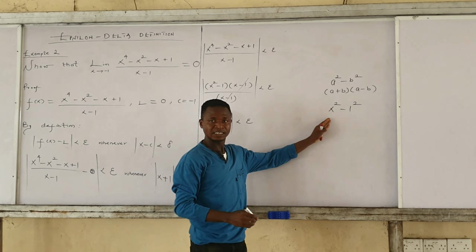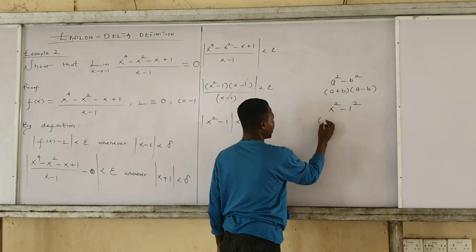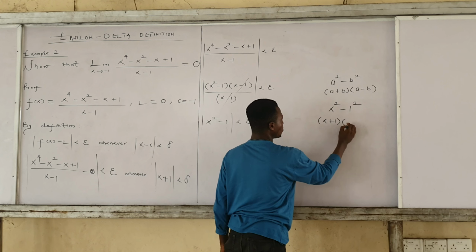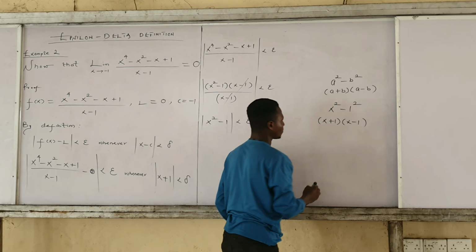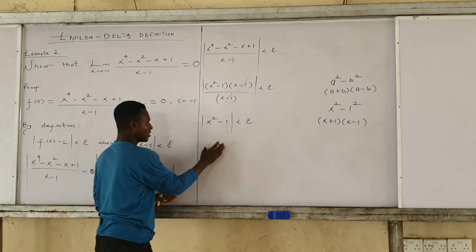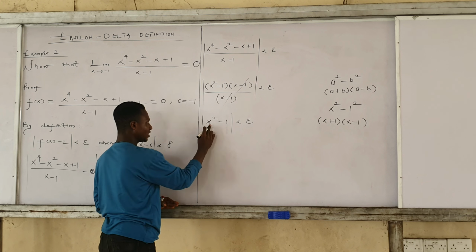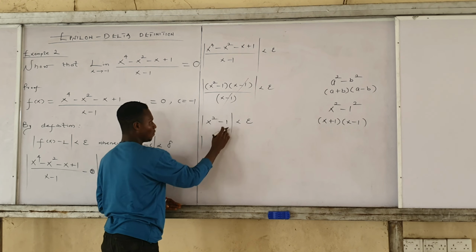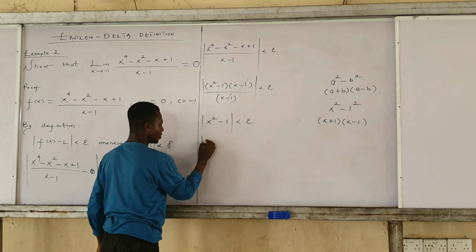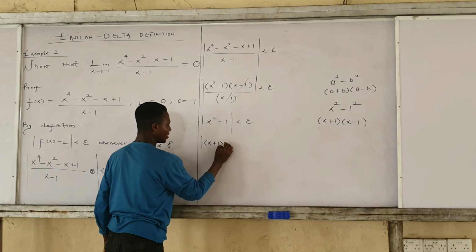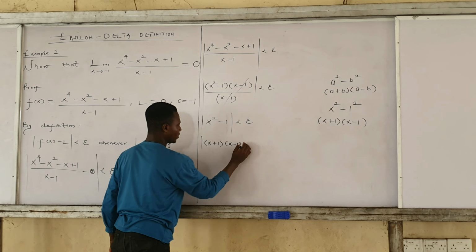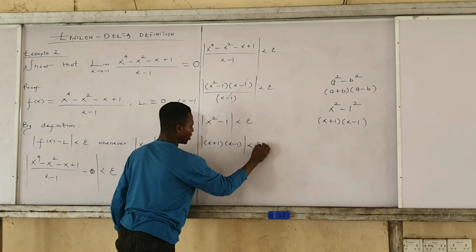So we can apply that to this now, so that this is going to be given by (x plus 1)(x minus 1). So with this now, we can show that x squared minus 1 squared, which is 1, is the same thing as x plus 1 times x minus 1, and this is less than epsilon.